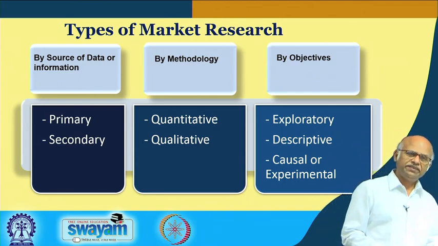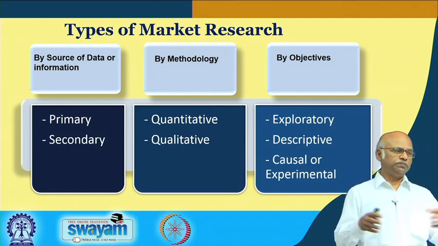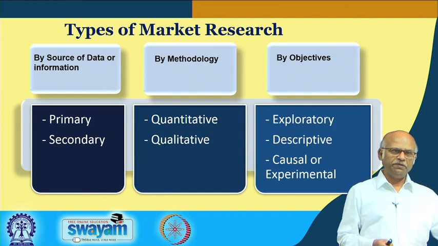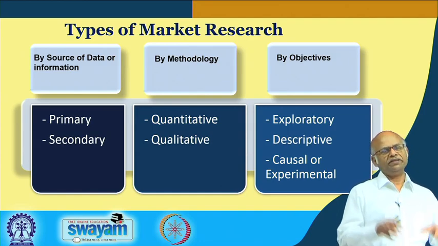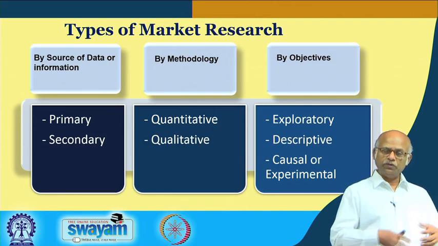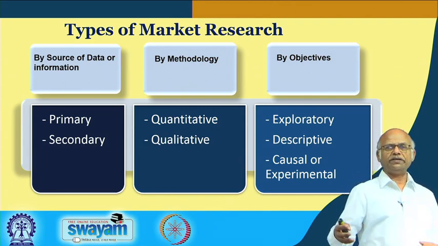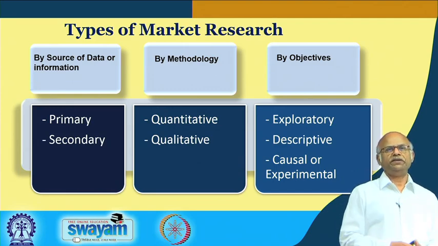If you are collecting the data for a particular problem at hand, using whatever means, there are many methods of collecting primary data. This actually means you are collecting it yourself, or you are paying somebody to collect data on your behalf. This is primary data.